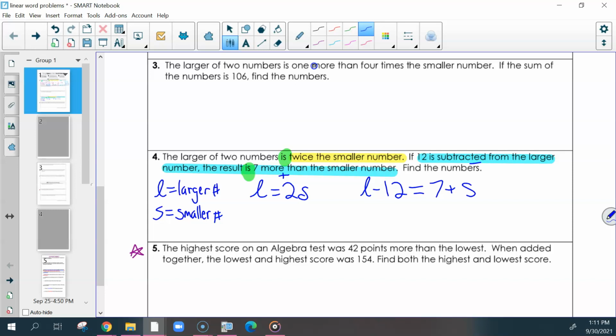Okay. So we have our equation, but we have different variables. So let's do some simplifying. First, we know that L is the same thing as 2 times S. So I could replace L with 2S.